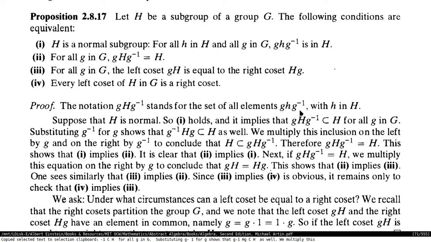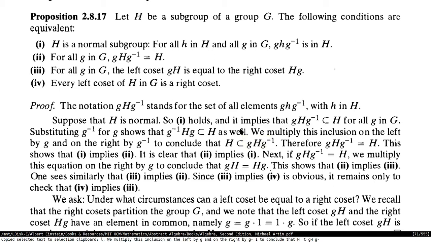So the conjugates in either direction are a subset of H. So the conjugate itself has to be the set H. Multiply on the left side by g and on the right side by g inverse to conclude that H is also a subset of this conjugate.